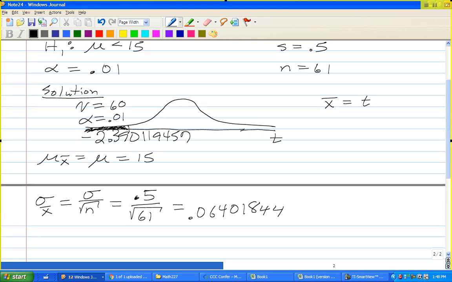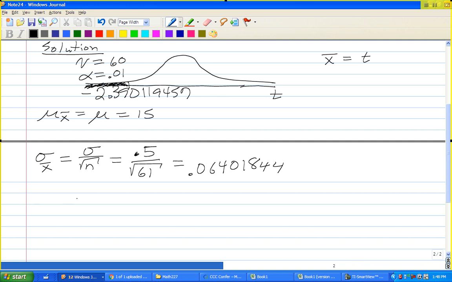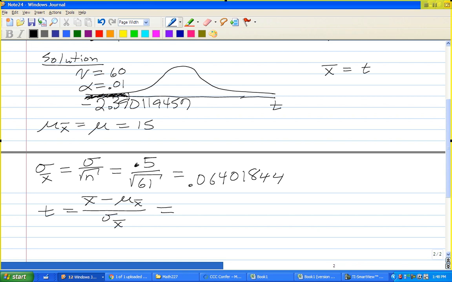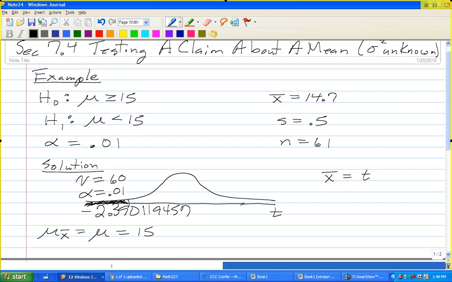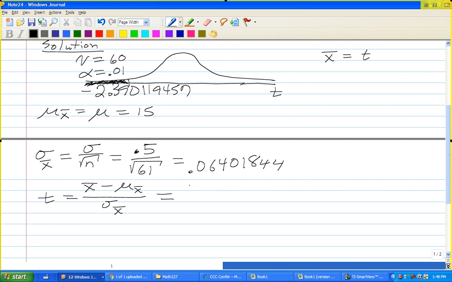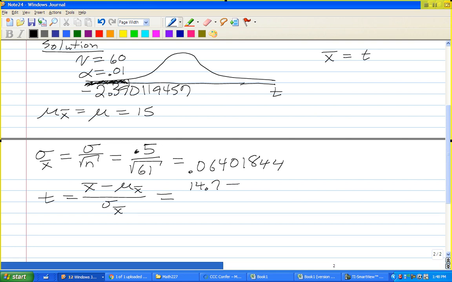Okay, so now let's calculate my test statistic. My test statistic is equal to z equals x minus mu over sigma. Well, of course, we're not really using z, but t, because it's a t-distribution. So the sample mean was 14.7. The mean for the sampling distribution of all possible sample means was 15. The standard deviation is 0.0641844.